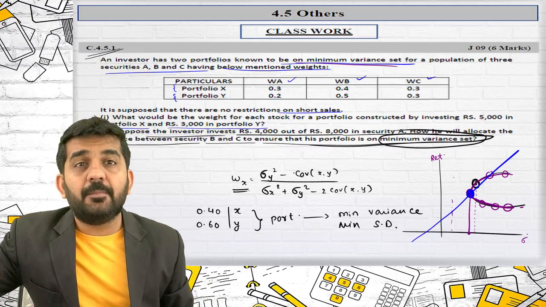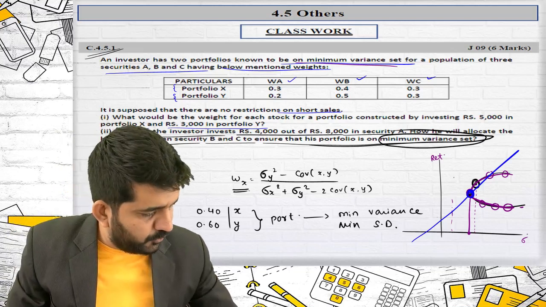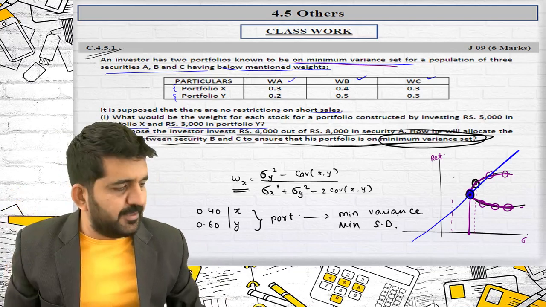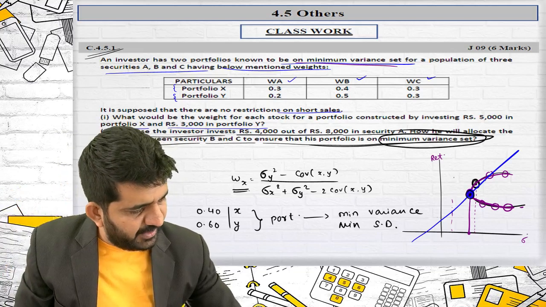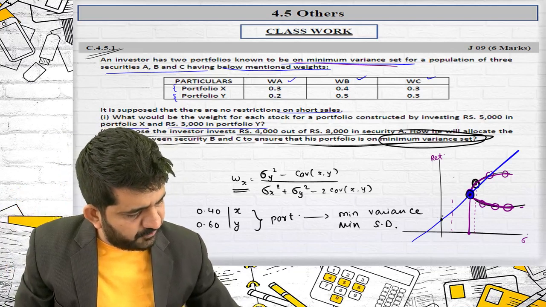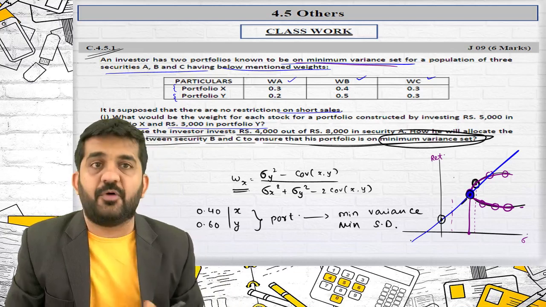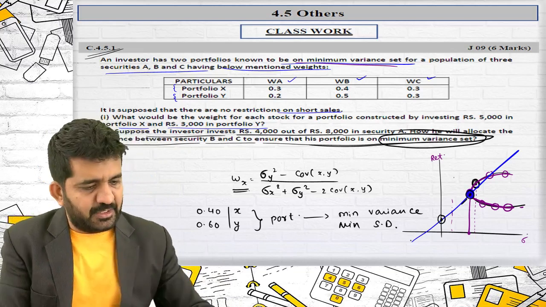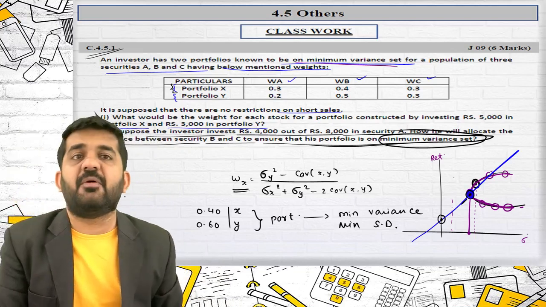If you want the minimum variance set, your portfolio should lie over here. For finding out that particular point, I will be finding out the slope and origin of this line. Suppose this portfolio is on the minimum variance set.